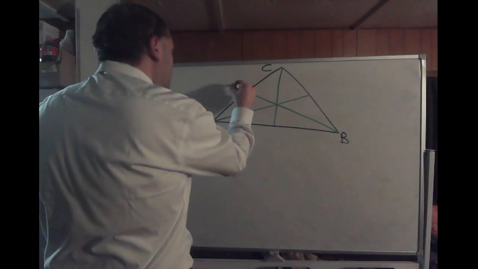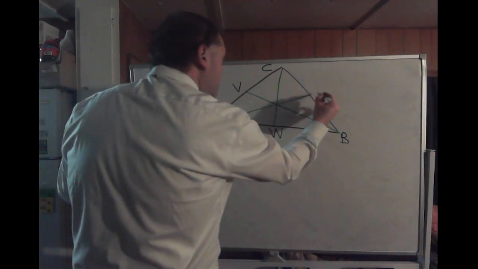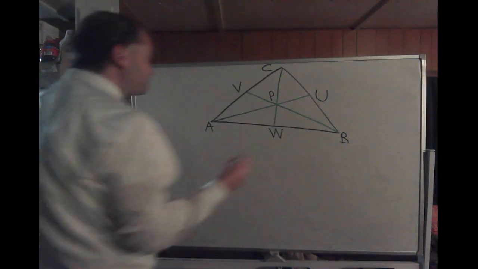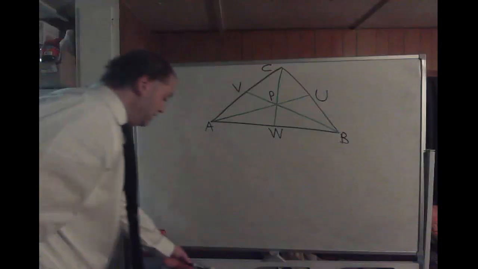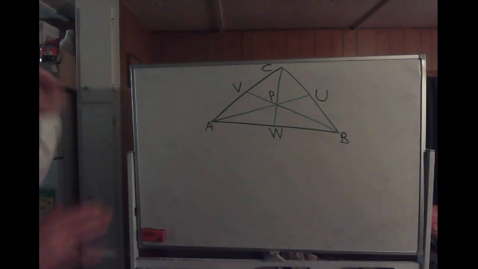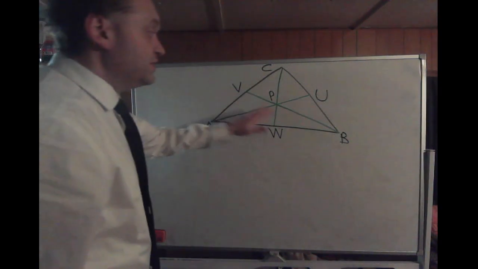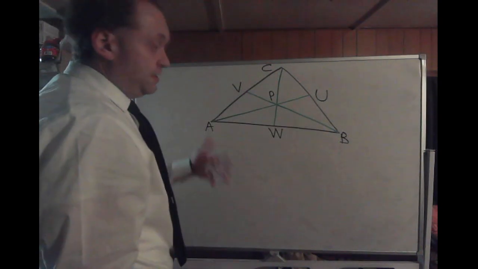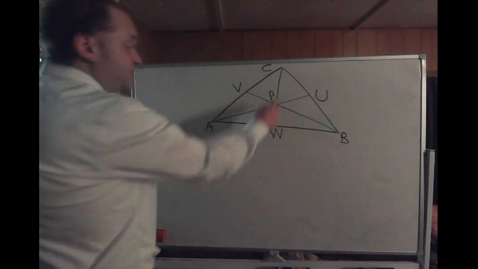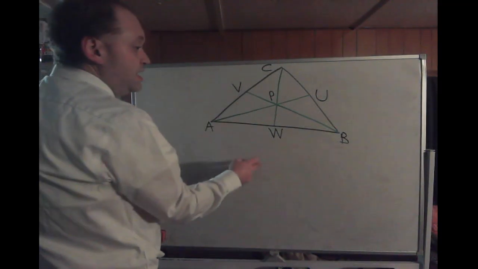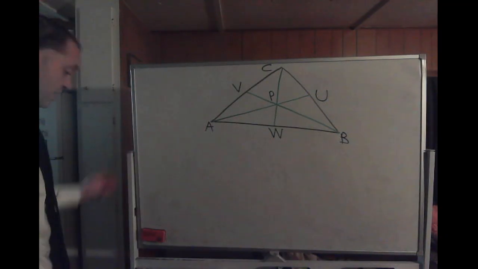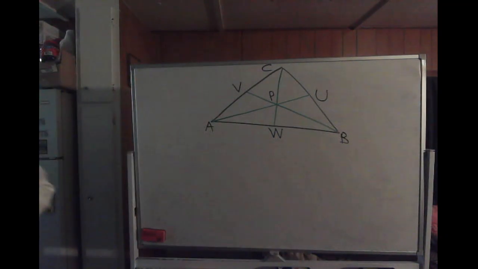Let's see, V, W, U, and then the point where they meet is at point P. Okay. So, for the next three exercises, we're going to be staring at this triangle here, where each of the three medians meet at the special point that is 2/3 of the distance from the vertex and 1/3 of the distance from the midpoint of the opposite side. Okay? So let's start with our first one here.